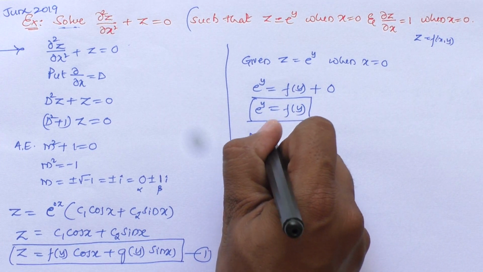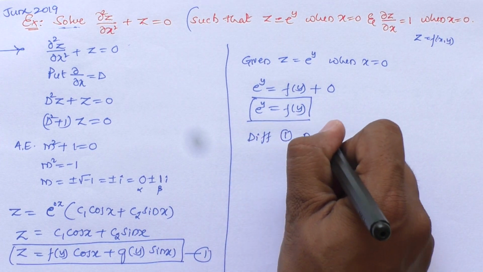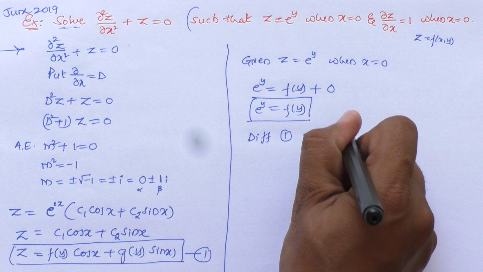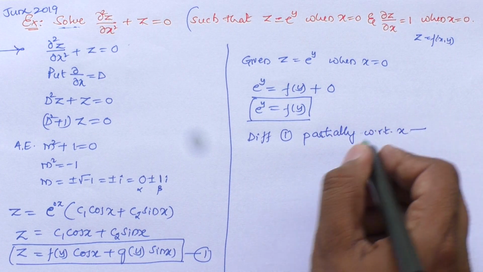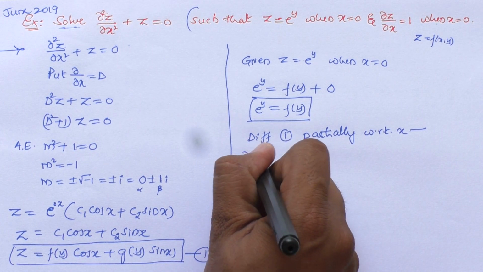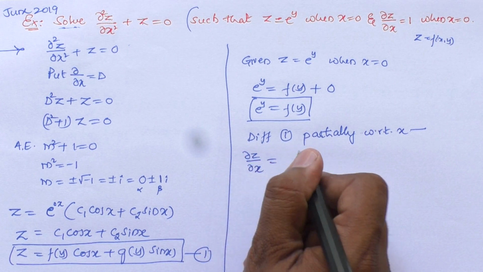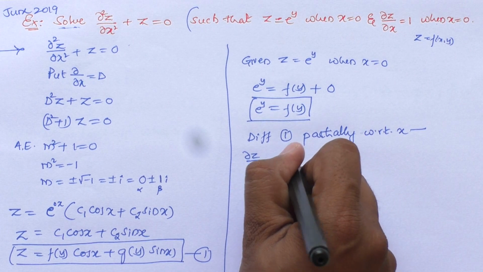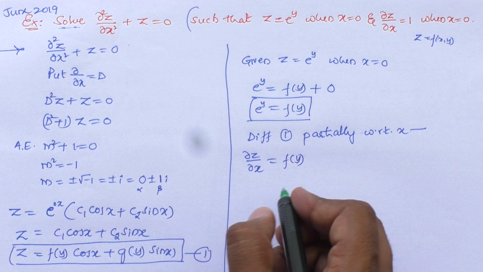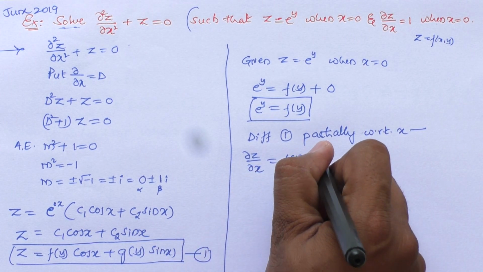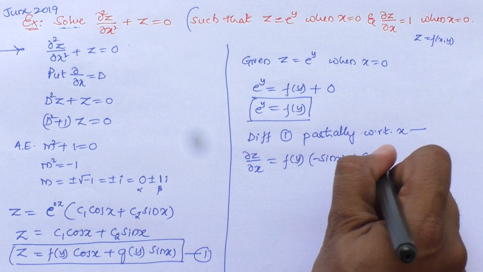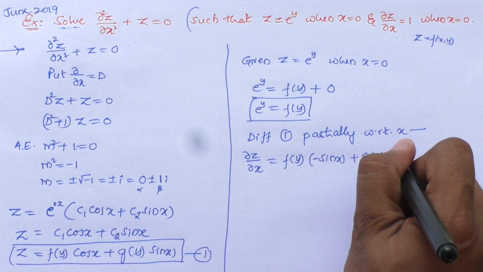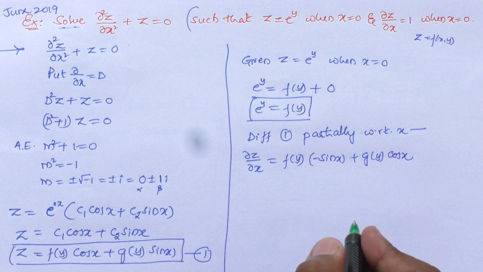So we get ∂z/∂x equal to f of y cos x, partial differentiation, cos x differentiation is minus sin x, plus g of y sin x, differentiation is cos x. So this is what we got.